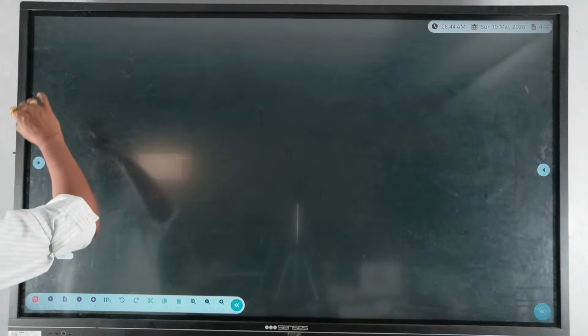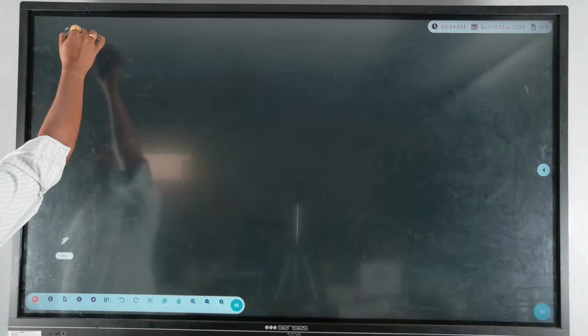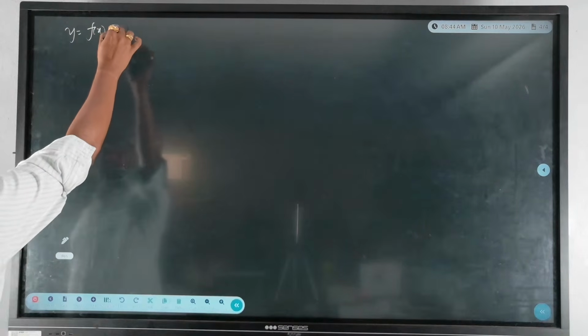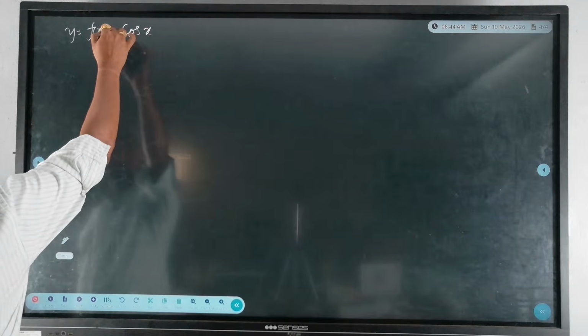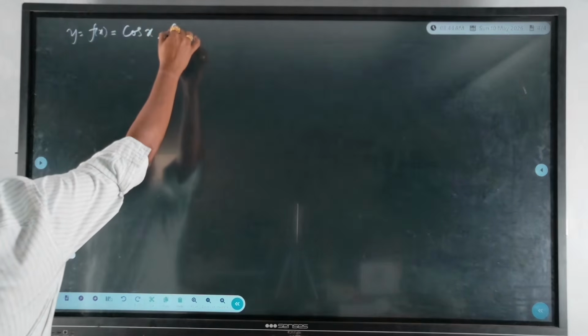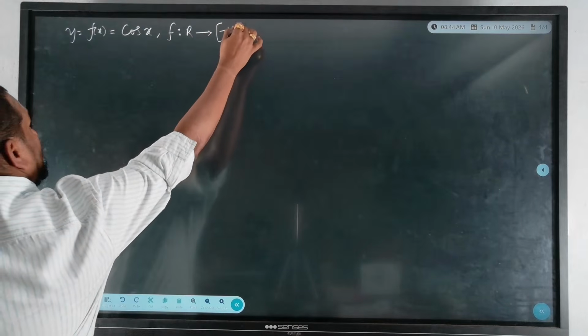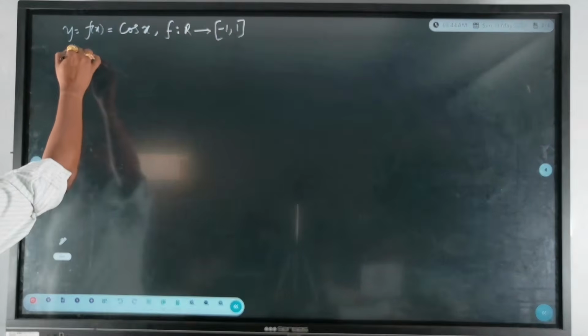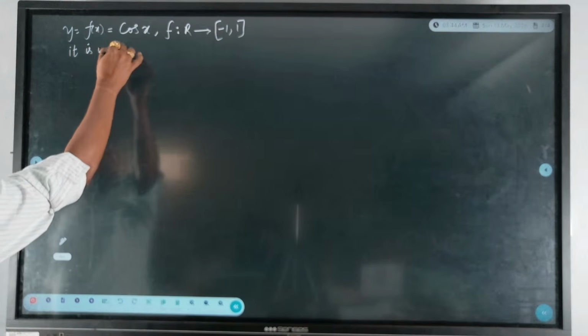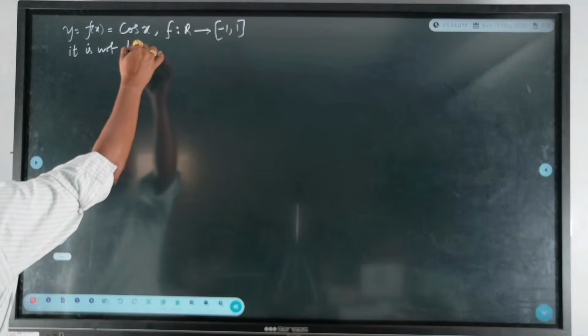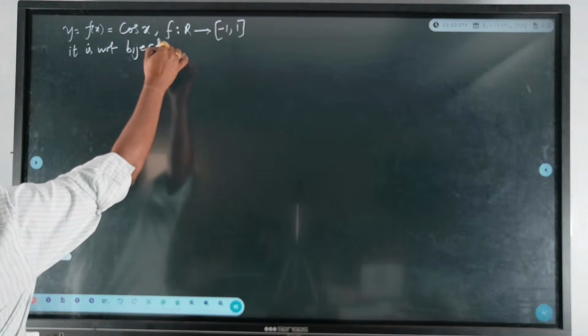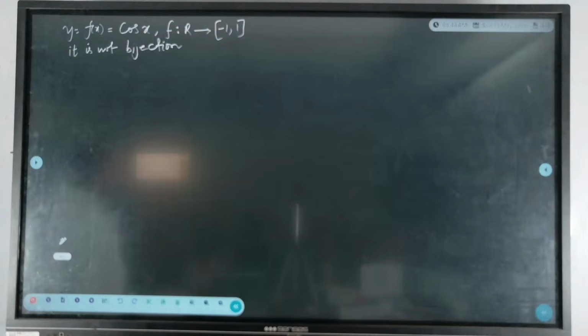Right. So next, y is equal to f of x is equal to cos x. So f maps from R to minus 1 to 1. It is not a bijection. Okay?